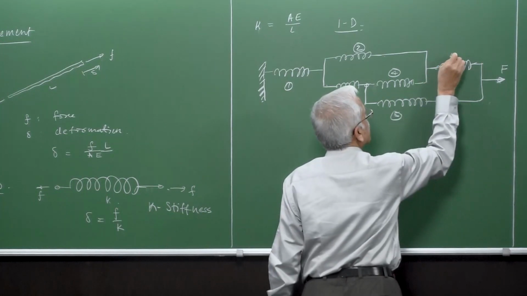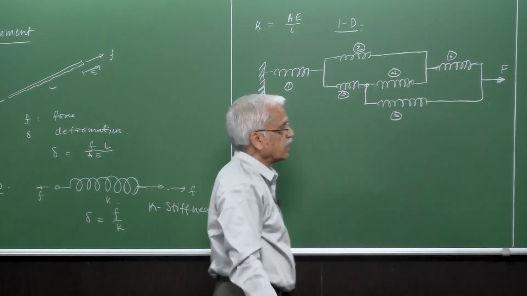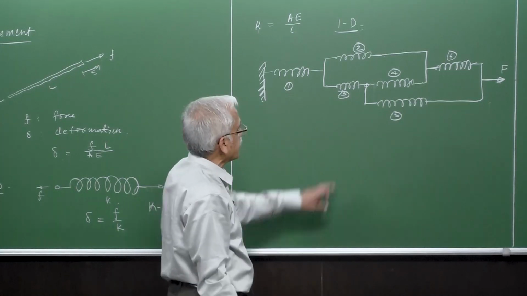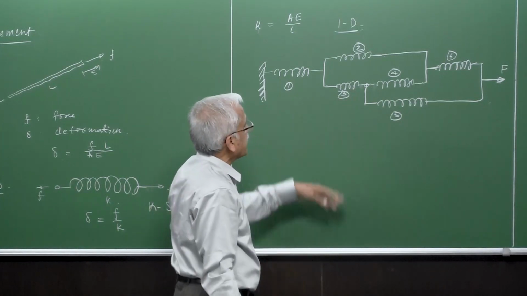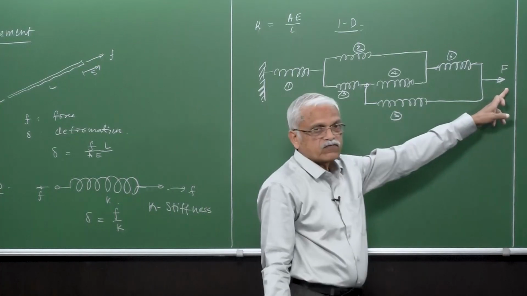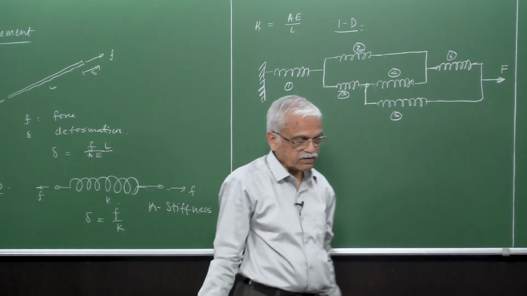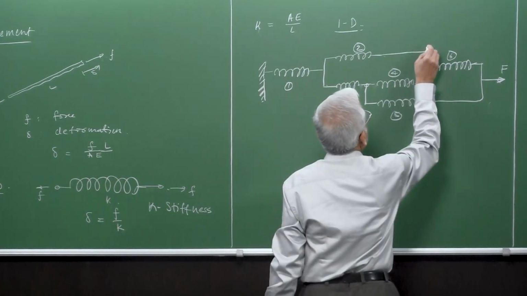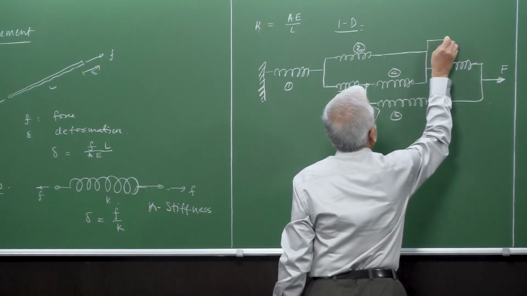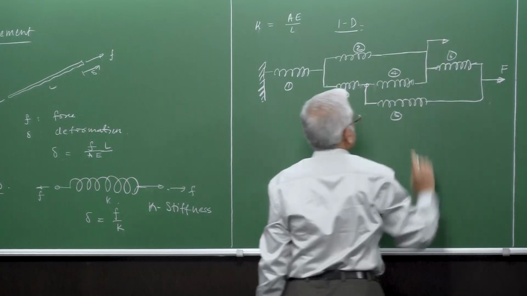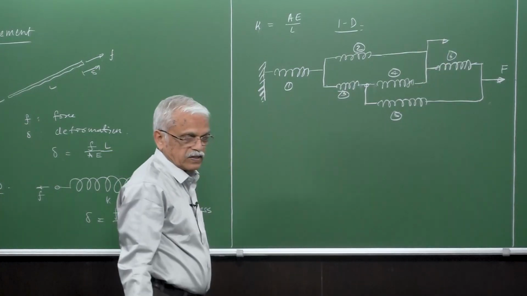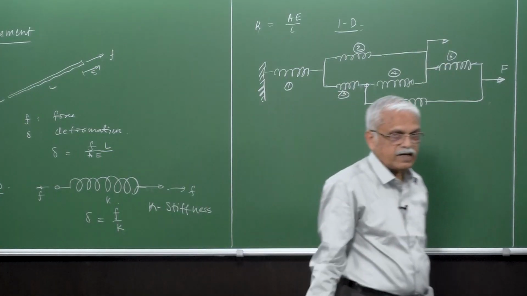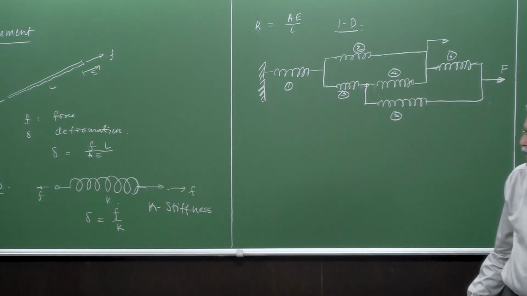So this system consists of 6 springs, and each one of them may have its own stiffness, right? It is acted upon by a force at this end, or it can even be forces at several places. For example, you can also apply a force here, right? So these are the elements which you can identify very easily.